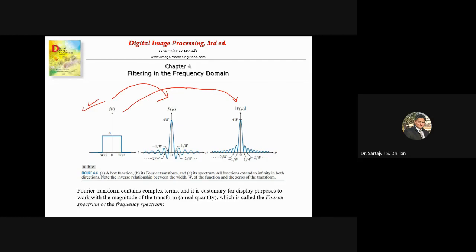The Fourier transformation contains many complex terms, and the magnitude of the transform is called the Fourier spectrum, and it is represented here. And here you can easily compare the signals. What is the difference between the Fourier transform and the Fourier spectrum? There is no big difference, but the magnitude on a positive side.